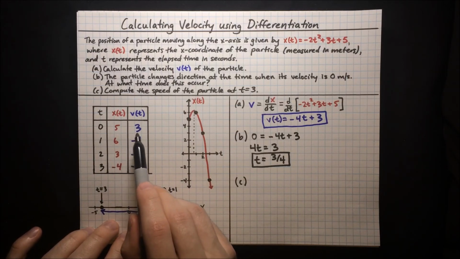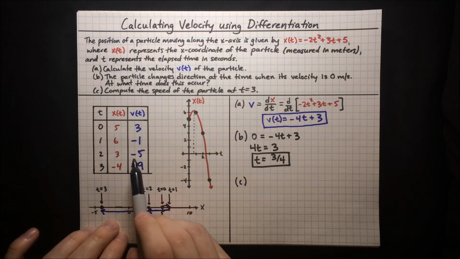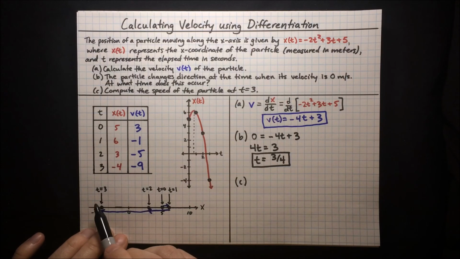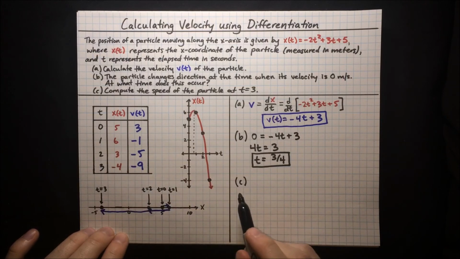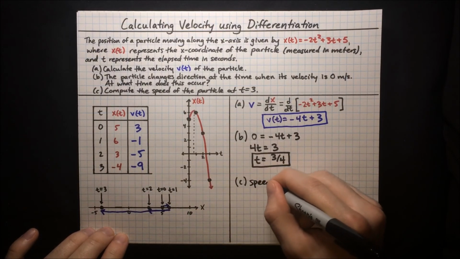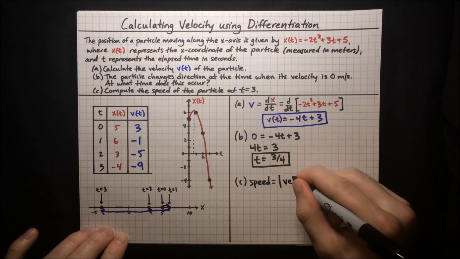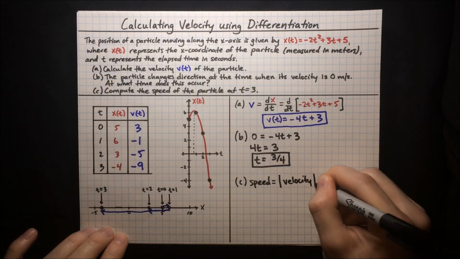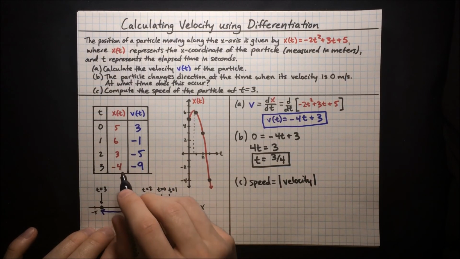Positive velocity means that it's going in the positive direction of x, whereas negative velocity means that it's going in the negative direction of x. With speed, we don't care about the direction of travel of the particle. We just care about how fast it's going. So speed is actually just the absolute value of velocity. We just care about the magnitude of the velocity, not the sign of the velocity.